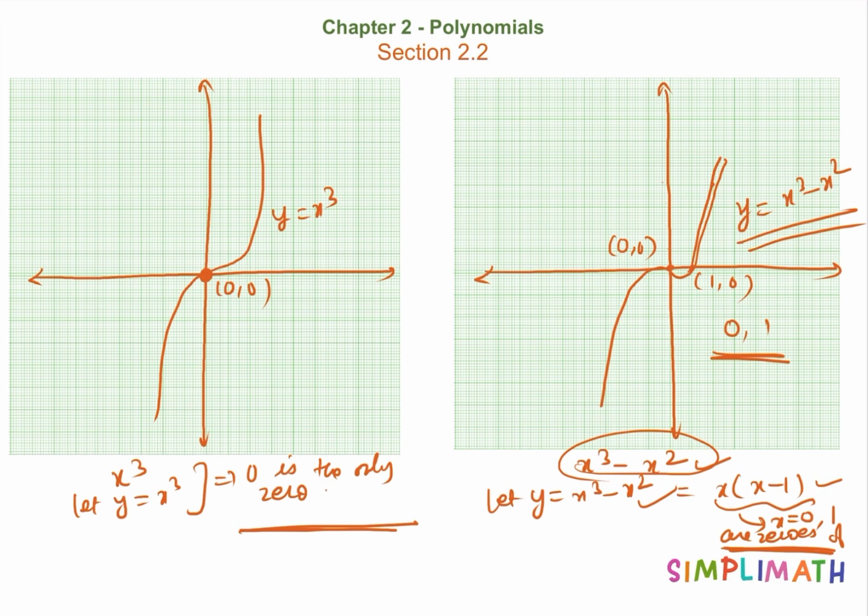So for a cubic polynomial, we have seen there can be only one zero. Here we have seen there are two, and in the example in the beginning we had seen that there can be three zeros also. So for a cubic polynomial, or a polynomial of degree 3, there are at most three zeros.